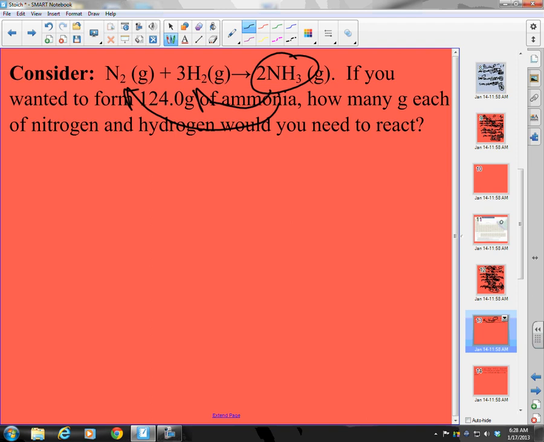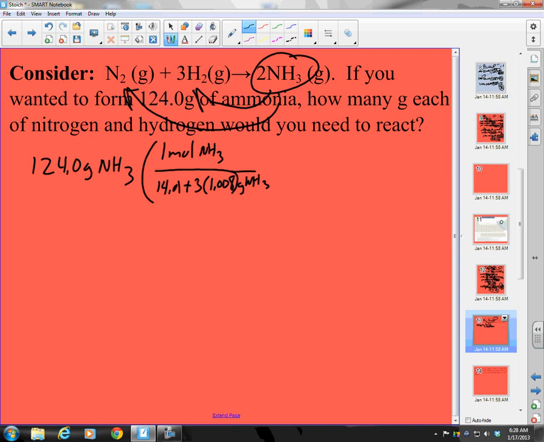So here we go. 124.0 grams of ammonia, right? What do I want to do? Convert to moles. So I have 1 mole of ammonia per, let's see, 14.01 plus 3 times 1.008 grams of ammonia. Great, and I'll do this one step at a time.